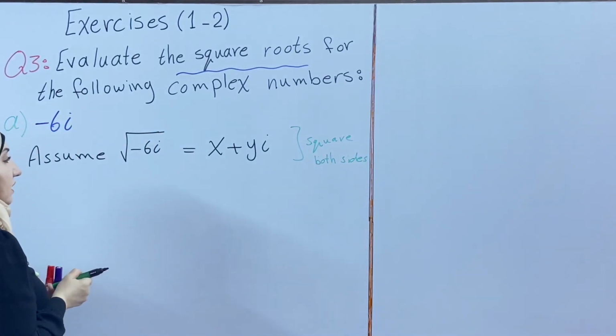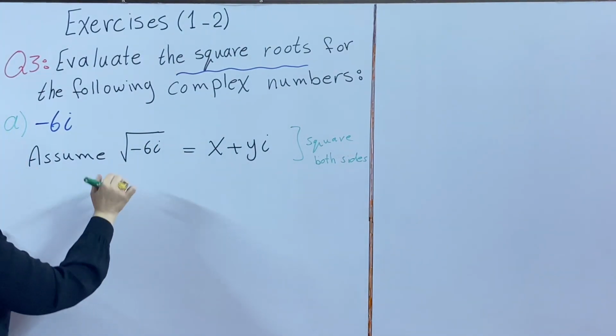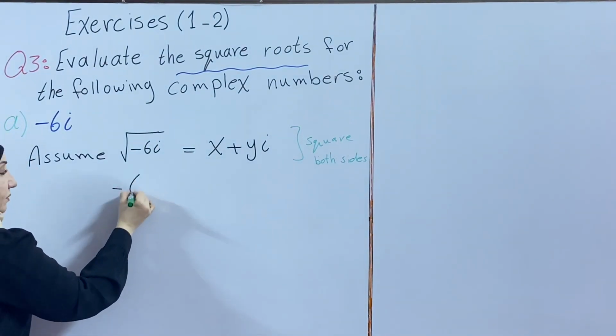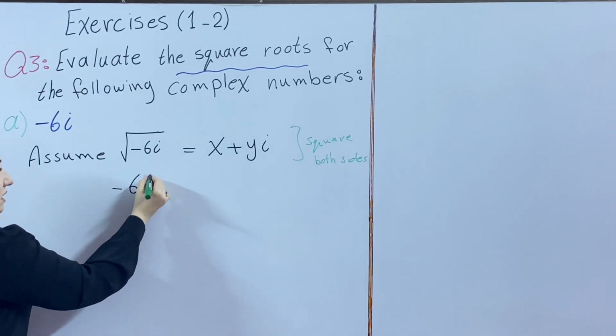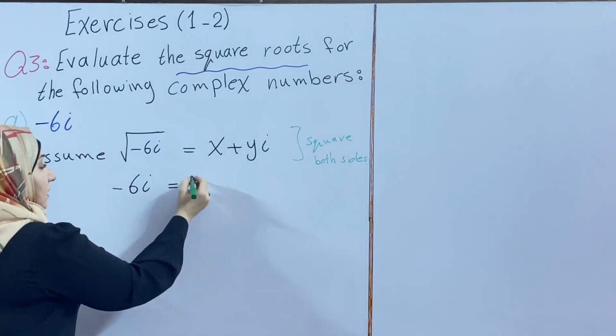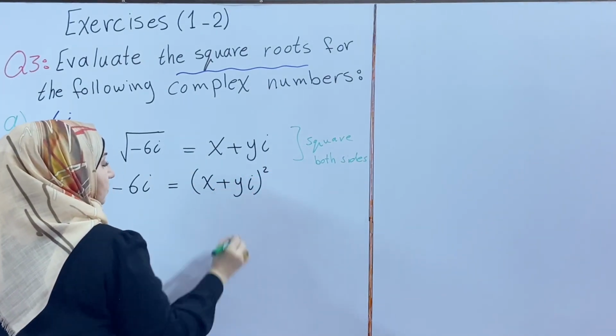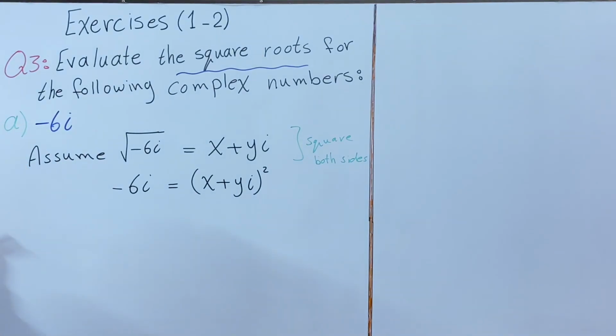When we square this side, we have a square root, so when we square it, it will be negative 6i equal the square root of the second side will be x plus yi squared.